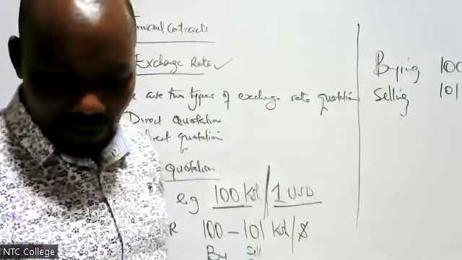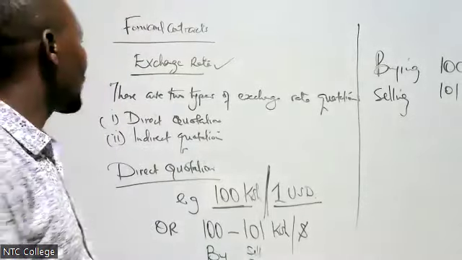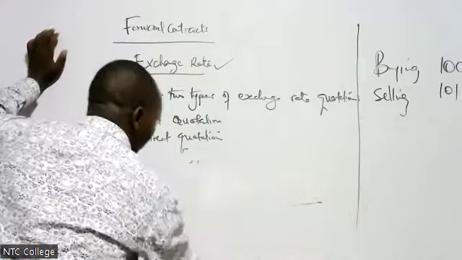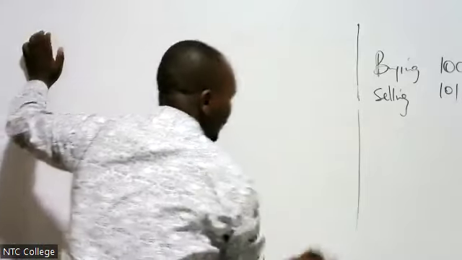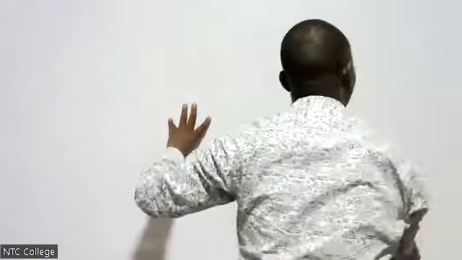I want us now to look at indirect quotation. Number 2, indirect quotation. Under indirect quotation, we are always given the amount of foreign currency needed to purchase a unit of local currency.